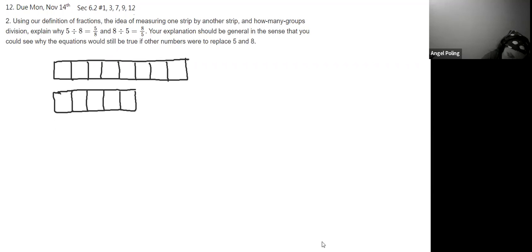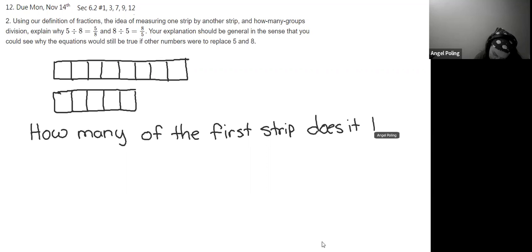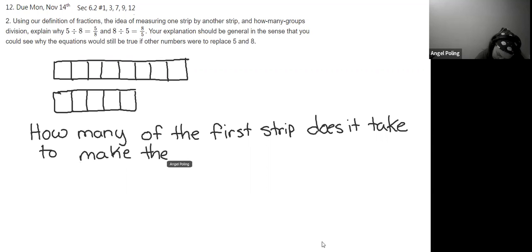And for 5 divided by 8, then we're saying how many of the first strip does it take to make the second strip?